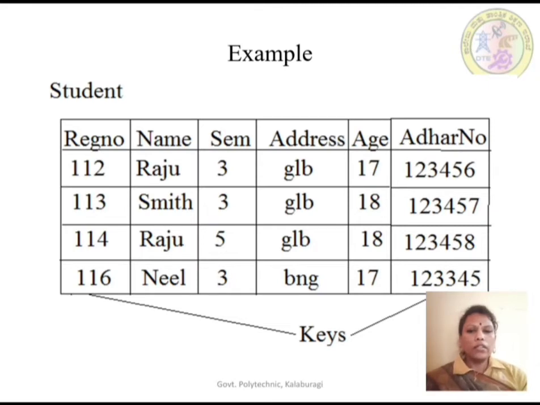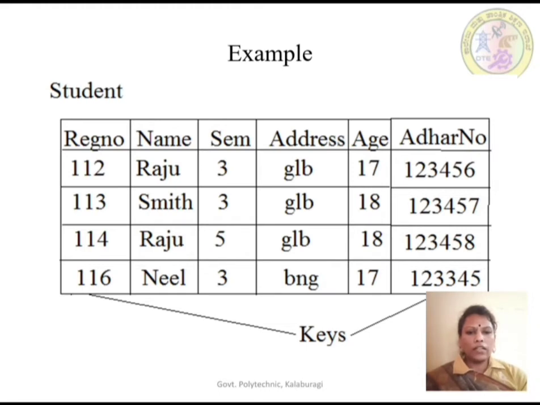Can I use the name attribute to identify a particular student? Let's consider Raju. If I want to know the age of Raju, then using name, can I get the age of Raju?